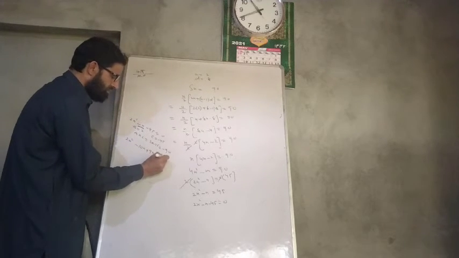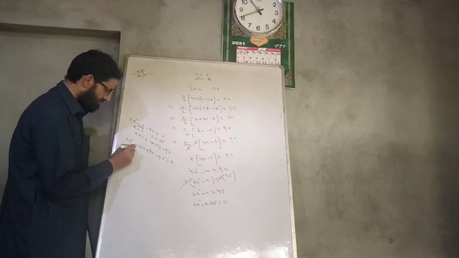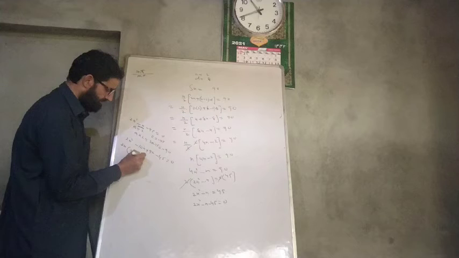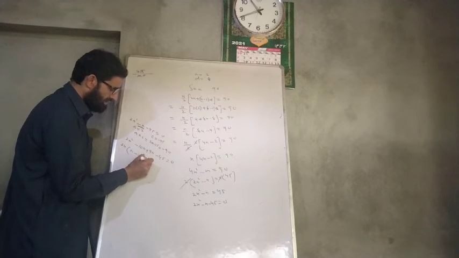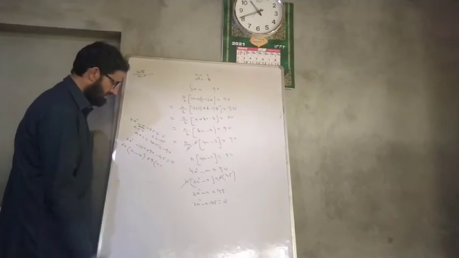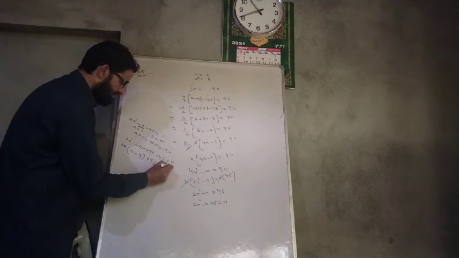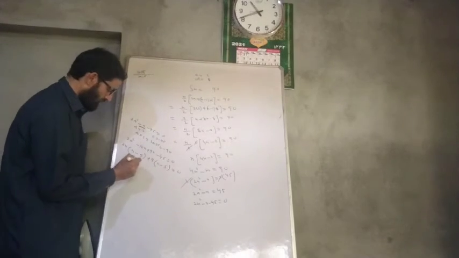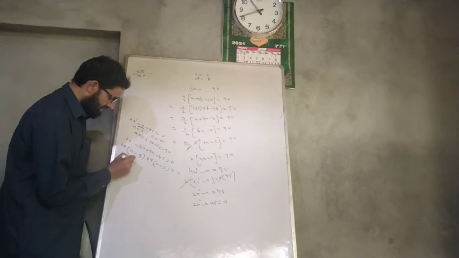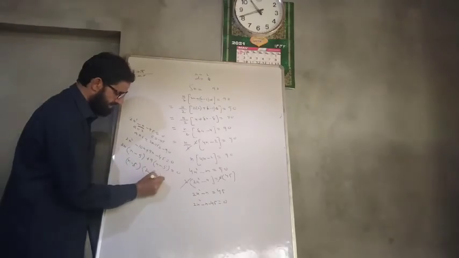Taking 2n common, we are left with n minus 5. In this group we take 9 common, and 9 5s are 45. So n minus 5 into 2n plus 9 is equal to 0.